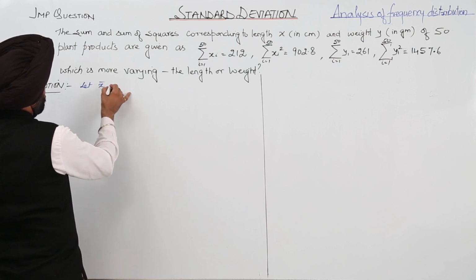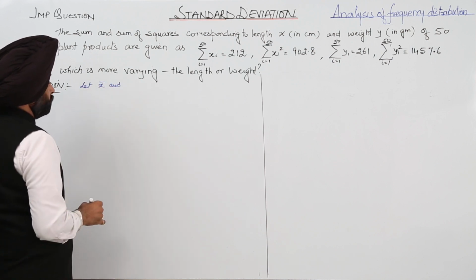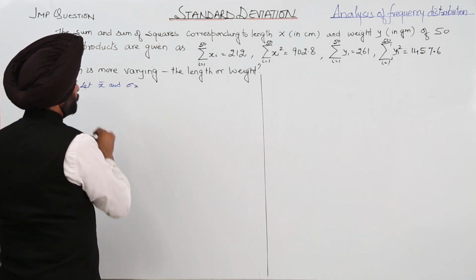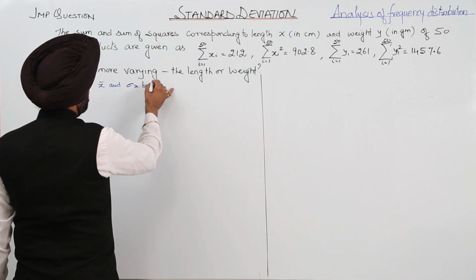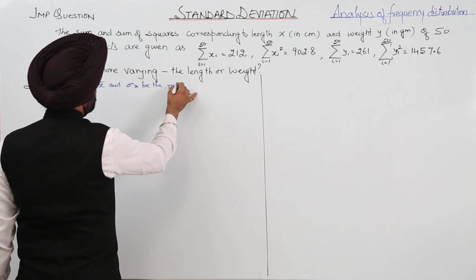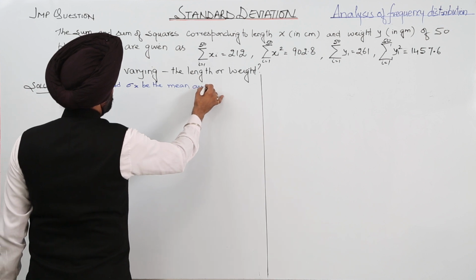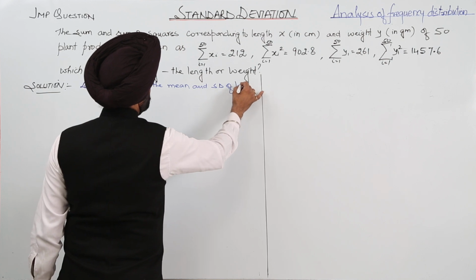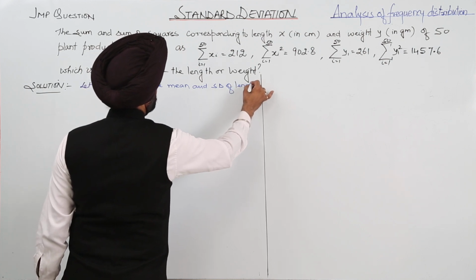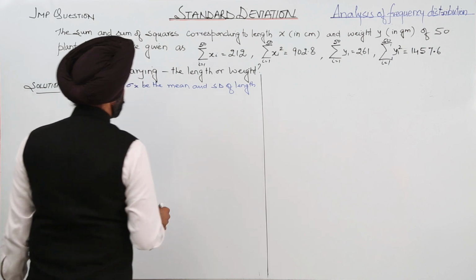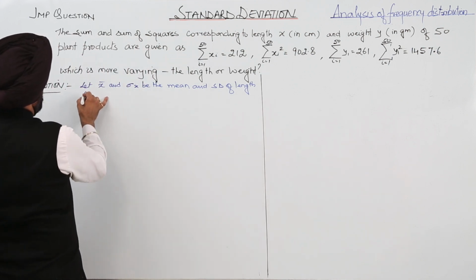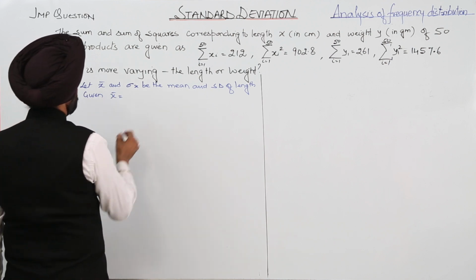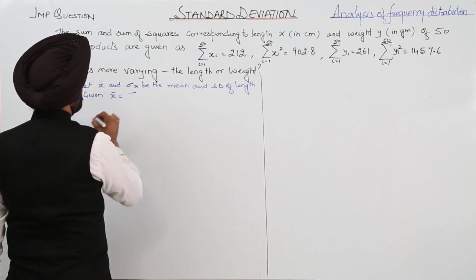Now let x bar, that is the symbol for mean, and sigma x be the mean and standard deviation of length. Given, we have to find it.